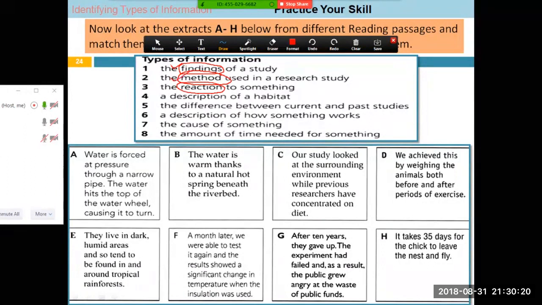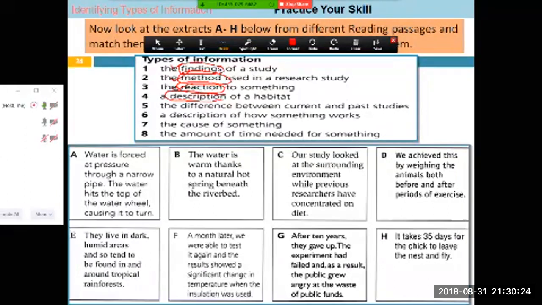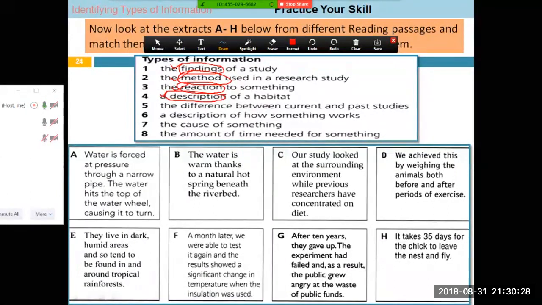Findings, methods, reaction, a description of a habitat. So which paragraph gives you a description? And similarly, examples of robots at work. These are the types of information that you need to match with the paragraphs. Shakil, is that clear?